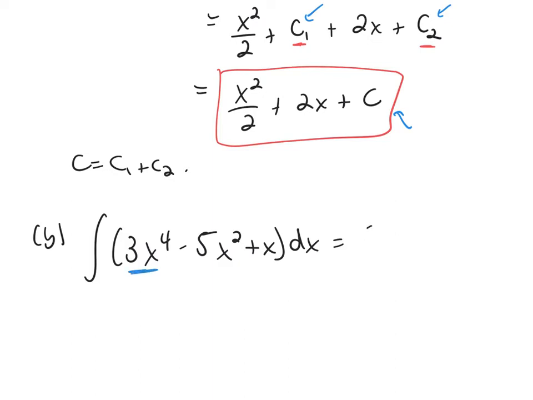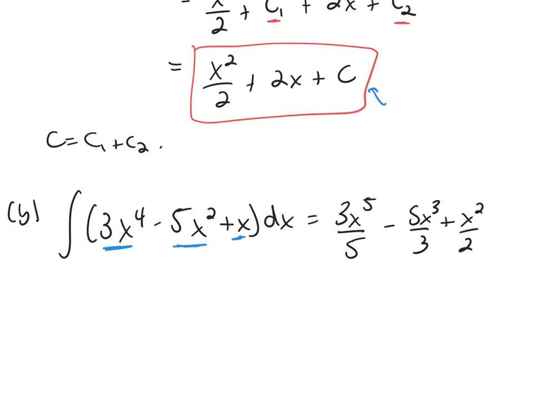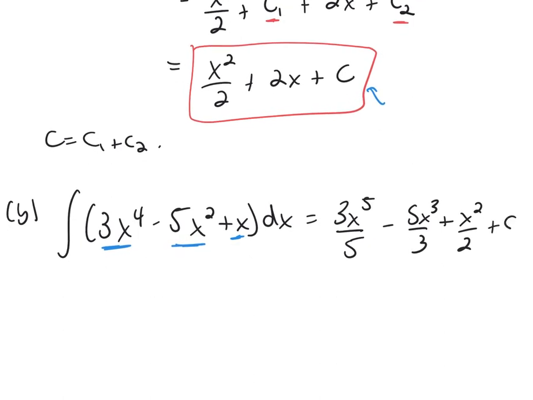That'll be 3x to the 5th over 5. Then move on to your next term, 5x squared: 5x cubed over 3. And then x squared over 2. And then you can just write a single constant, plus c at the end. And there is my integral.